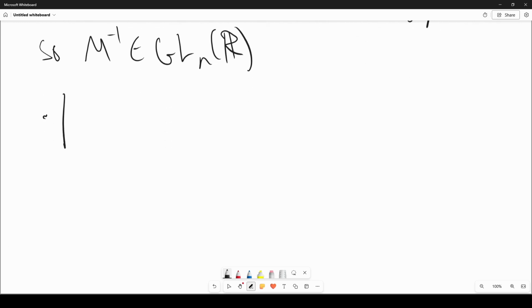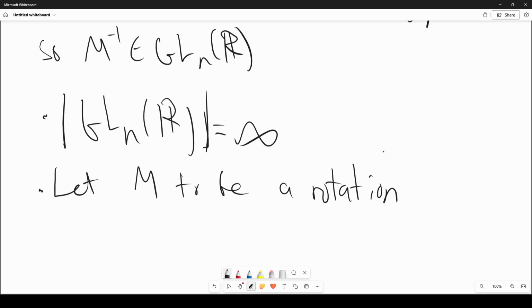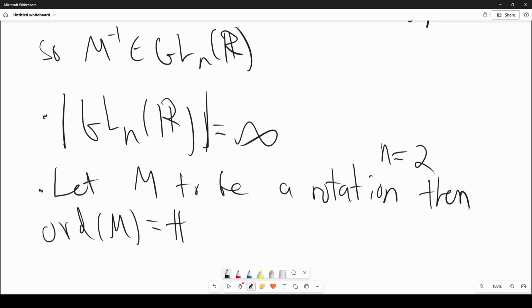Some quick notes: the order of this group is, of course, infinite. We can define the order of certain elements. For example, if we let M be a rotation, maybe you can think of this when n equals 2, then the order of M just equals the number of times you need to rotate to get back to 0 degrees, or to do a full 360.